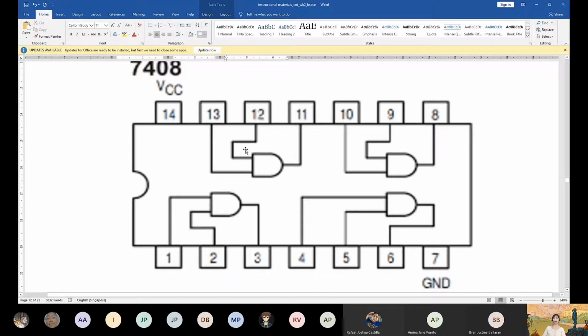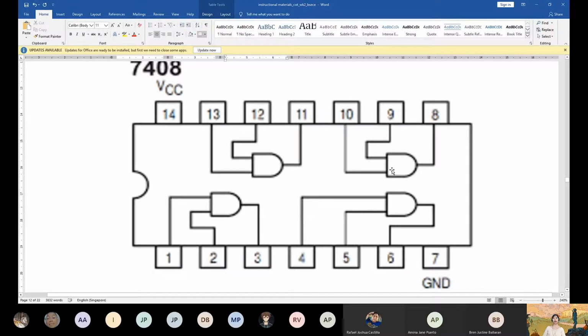This is also a quad IC. Quad means 4, so this IC consists of 4 gates, 1, 2, 3, 4. Each gate has 2 inputs. For AND gate number 1, you have inputs at 1 and 2, and the output is taken at 3. For AND gate number 2, inputs are at 4 and 5, and the output is taken at 6.